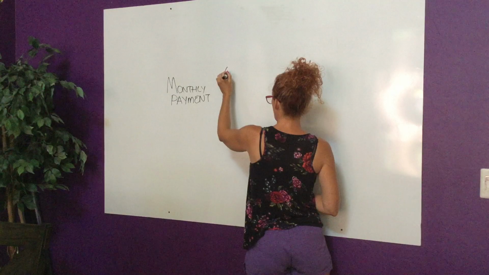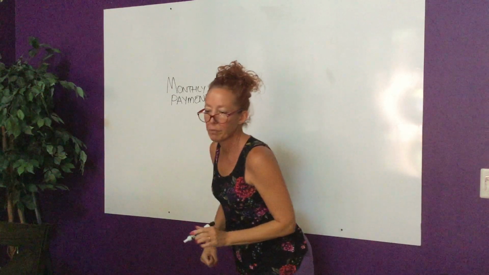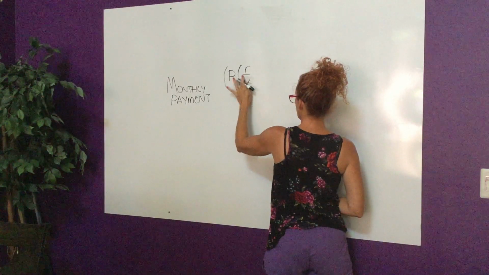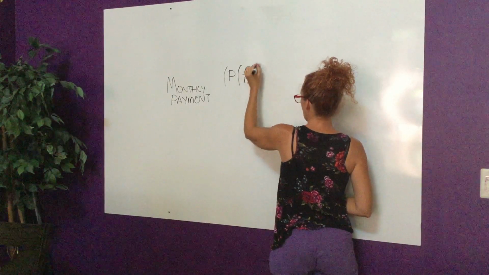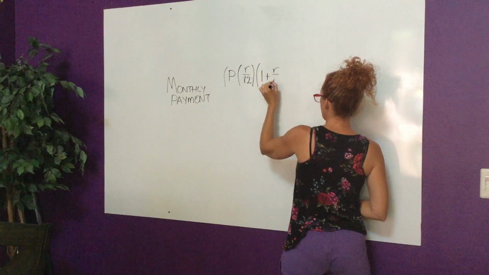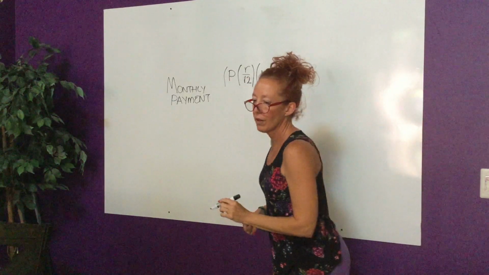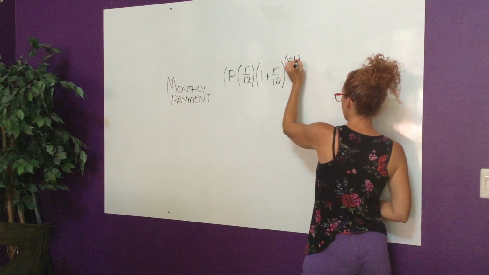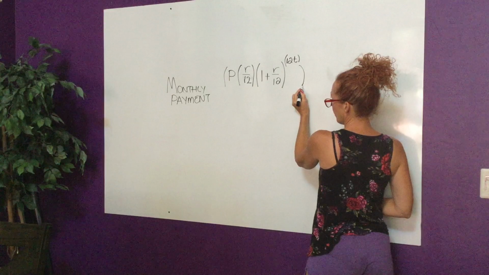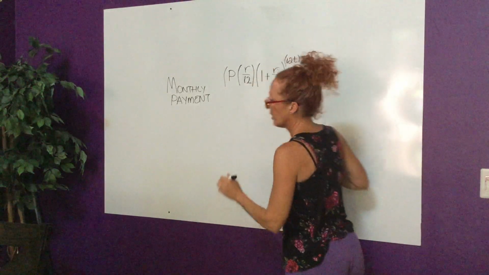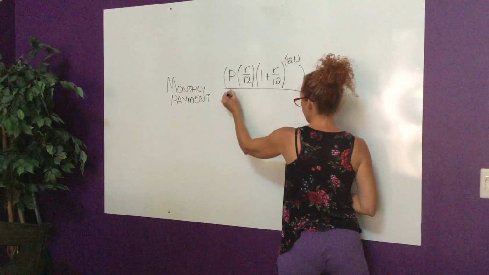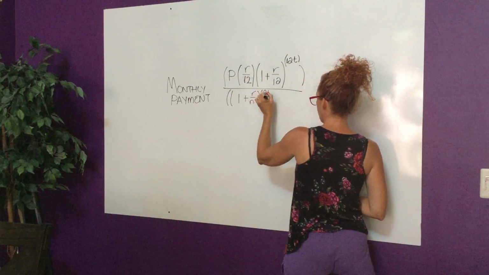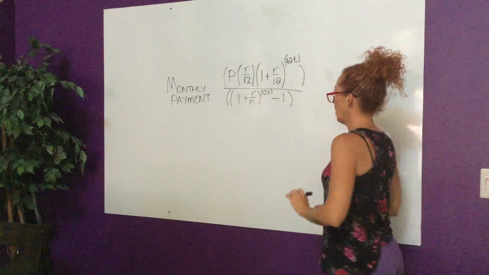So the monthly payment formula is the principal, start with parentheses, multiplied by R over N. Oops. Oh, I think it's R over 12, my bad. And then 1 plus R over 12 to the 12t. And then we have to close up all of our parentheses. So I think it's just 1, yep. And then we double it. 1 plus R over 12 to the 12t minus 1.